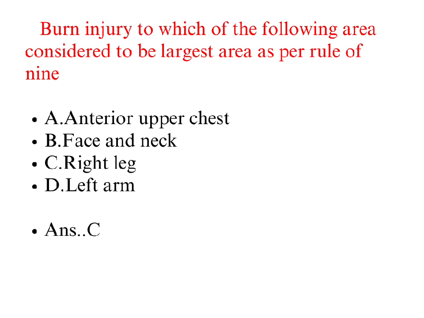Okay, next, D, left arm. Here one arm contains 9. So the answer is C, the highest, the largest area covered according to the rule of 9. Anterior upper chest 9, face and neck 9, right thigh and leg 18, D left arm 9. So highest is C, 18. Right answer is C.